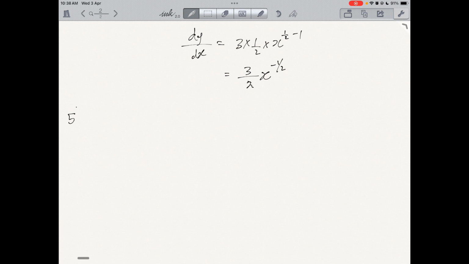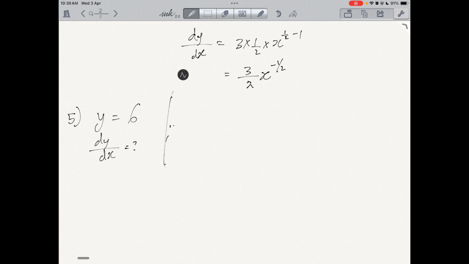Let's try number 5. y = 6. If y = 6, evaluate dy/dx. Now, given y = 6, it doesn't have a function of x whatsoever.